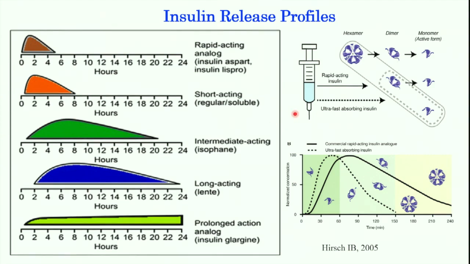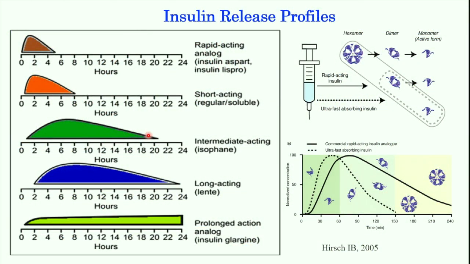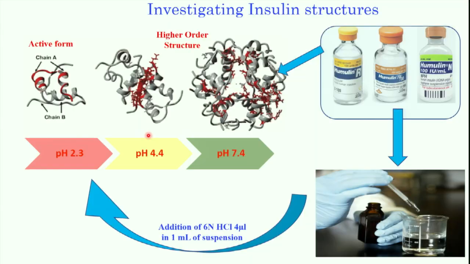So now one can see insulin is one medicine which is used for personalized therapy. Depending upon the person's requirement, it is formulated. But for insulin, like here NPH, or here you have a microcrystalline or crystalline state. Now how to investigate the crystalline state structure, that is one of the crucial questions.